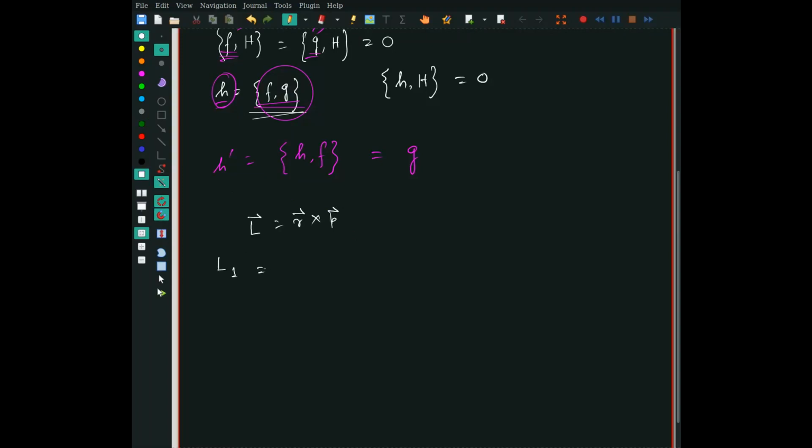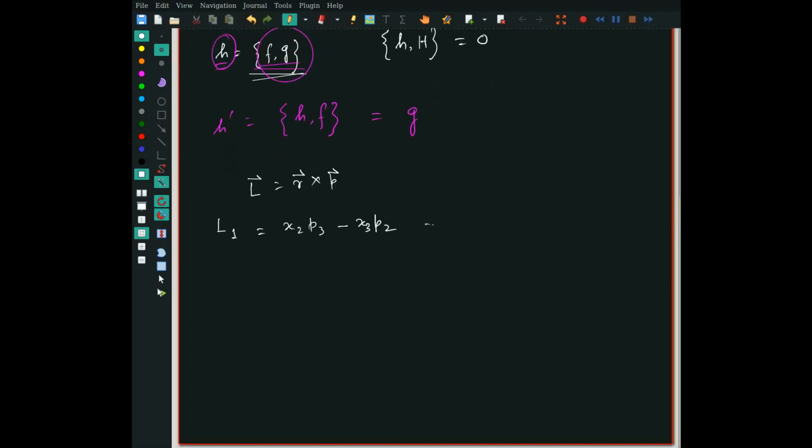Suppose L1, which is say Lx, so that would be x2 p3 minus x3 p2, and so on and so forth. And you can check that this satisfies the Poisson bracket relation that is given by the bracket of LA and LB equals epsilon ABC LC. You have to do that thing, then you can find it out.